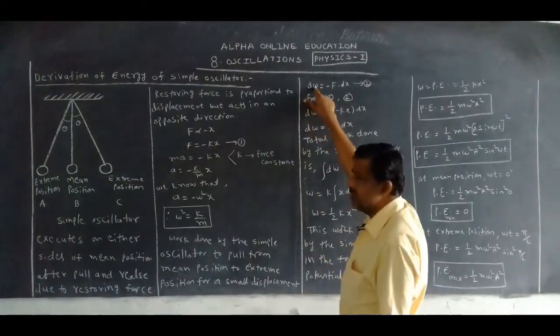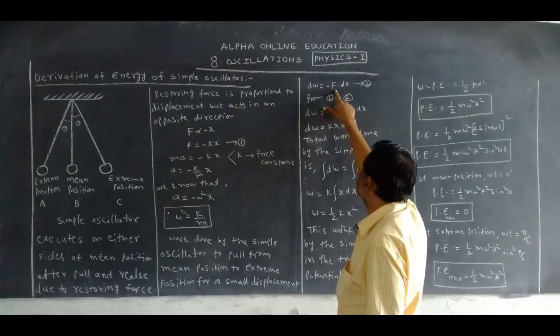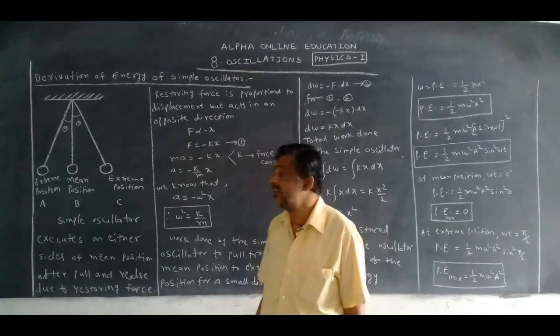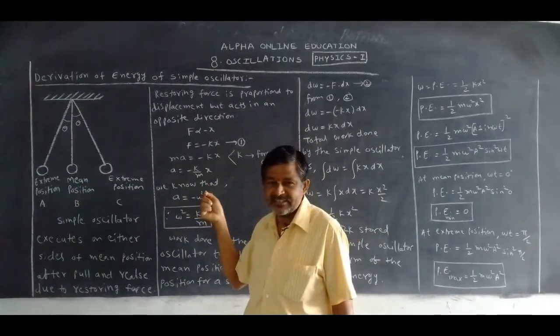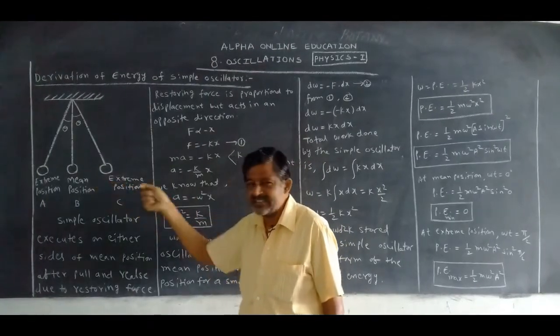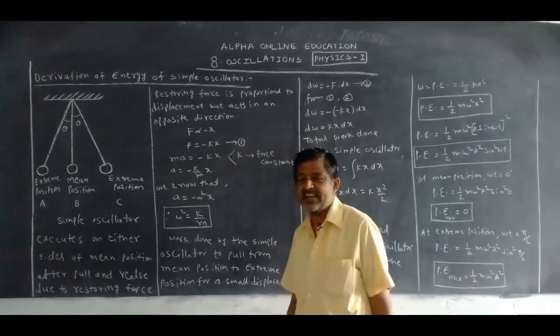How can we express that? dw is equal to minus f into dx. Why can we take minus? We pull in this direction, but displacement is in this direction, and the restoring force is in this direction.